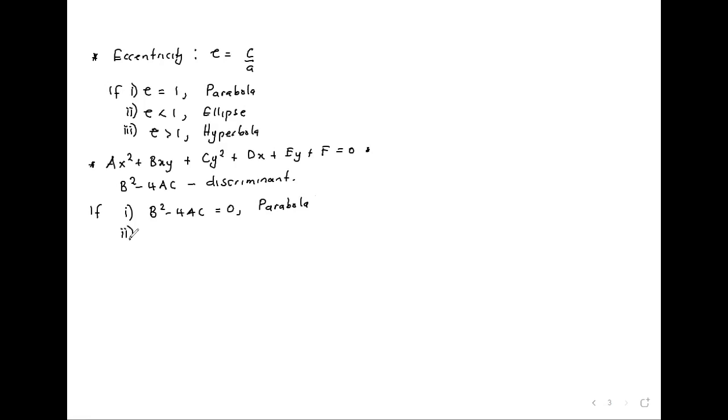Two, if b squared minus 4ac is less than 0, then we'll have an ellipse. And the third one, if this is greater than 0, then we'll have the hyperbola.